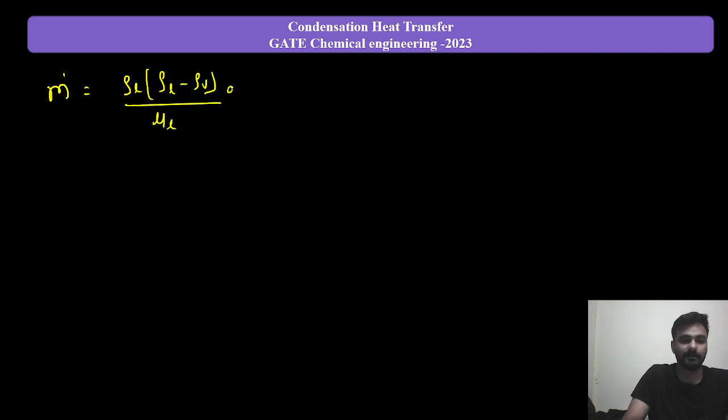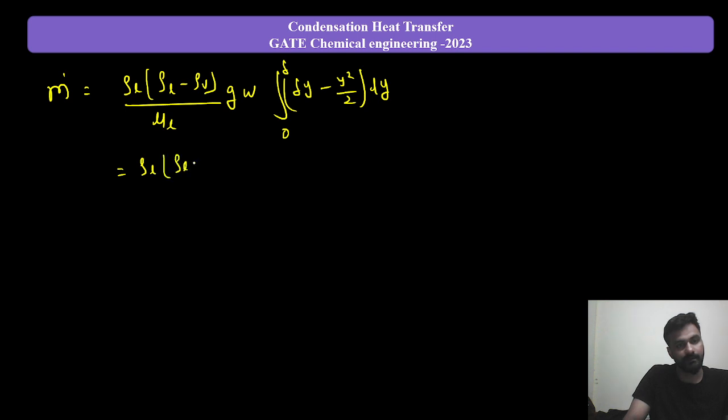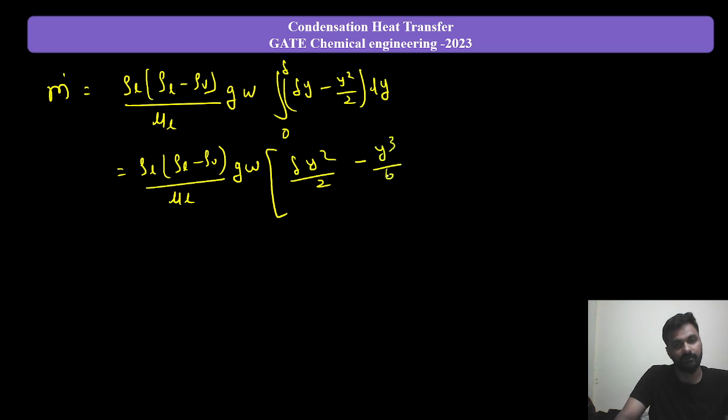GW and del Y minus Y square by 2 dy, 0 to delta. So that is equals to rho L minus rho V upon mu L GW, and that is equals to del Y square upon 2 minus Y cube by 6, from 0 to delta.